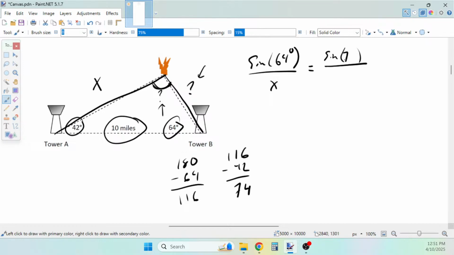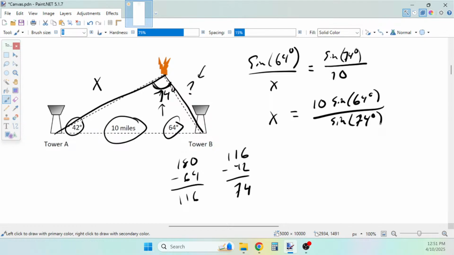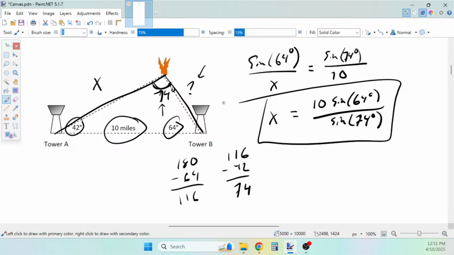So this is sine of 74 over 10 miles. Solve, x is 10 times the sine of 64 degrees over the sine of 74. We type that into a calculator to get our answer.